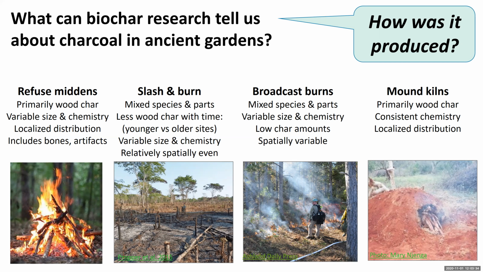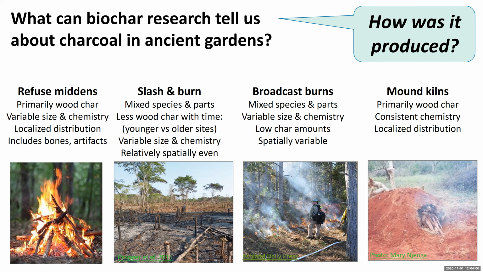This would also lead to a lot of variability in the size and chemical characteristics of the char. And also, clearing a site and burning the cut vegetation leads to less fuel for future burns. And this means that the first burn would likely create the most char, but later burns would just be burning up grasses and shrubs, or most likely just burning up crop residue if these sites had been used for agriculture.